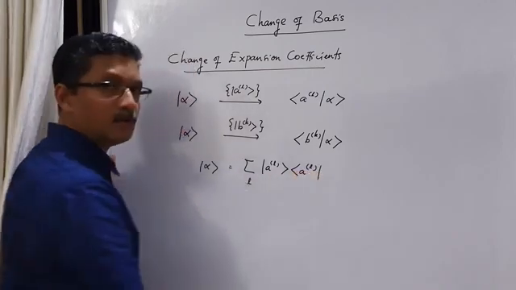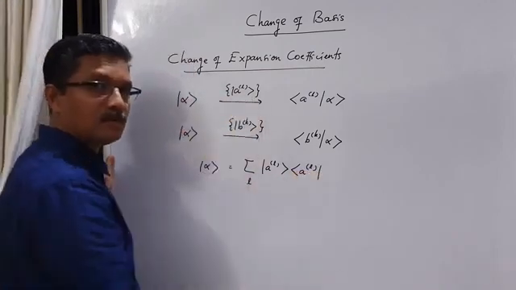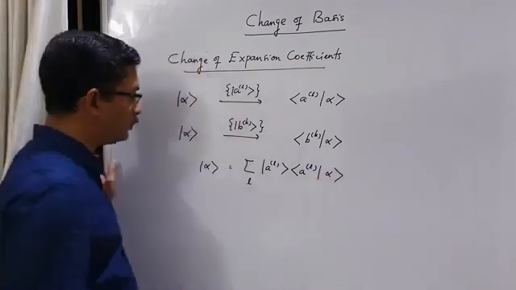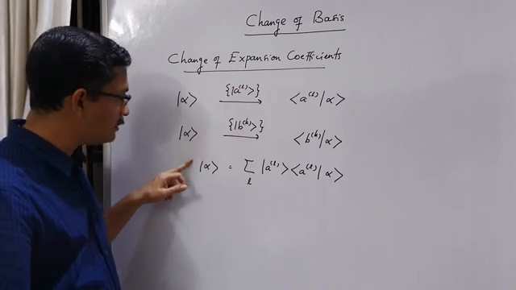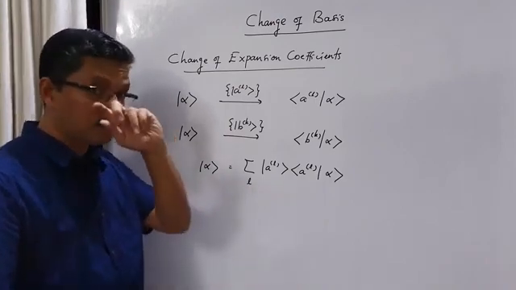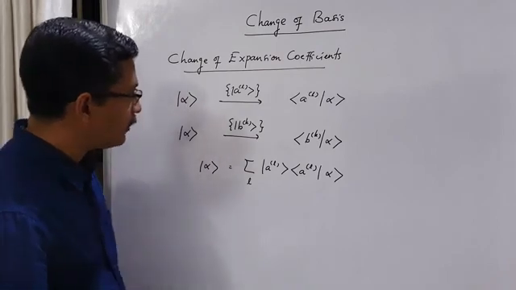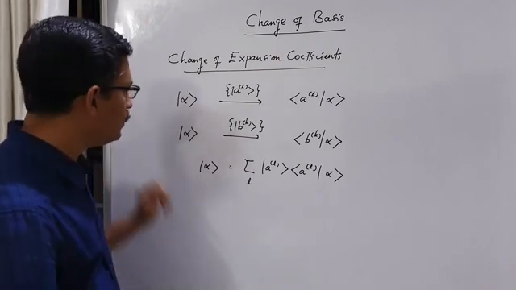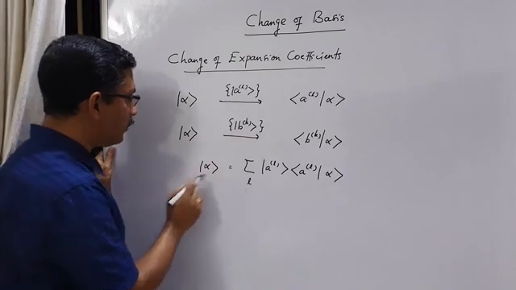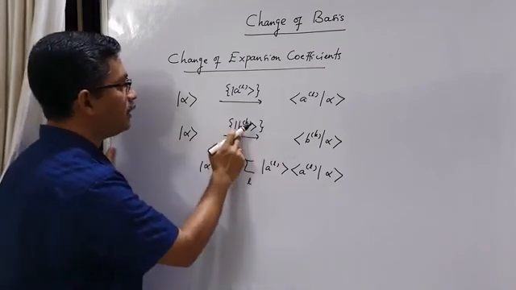This much is equal to identity because of the completeness of the old basis, and ket alpha. So it is just like introducing an identity here and expressing the identity in terms of the completeness of the old basis.